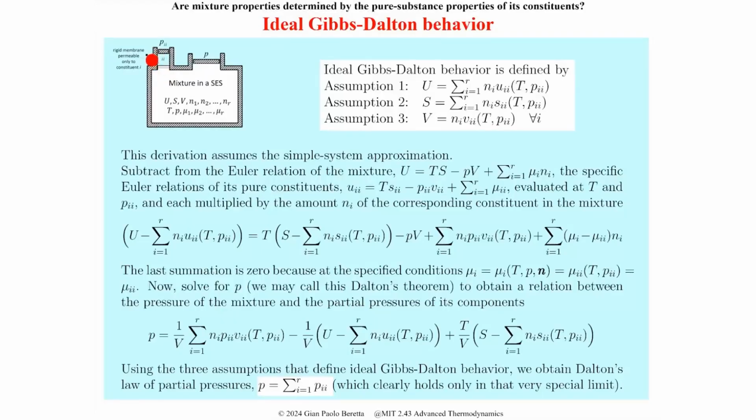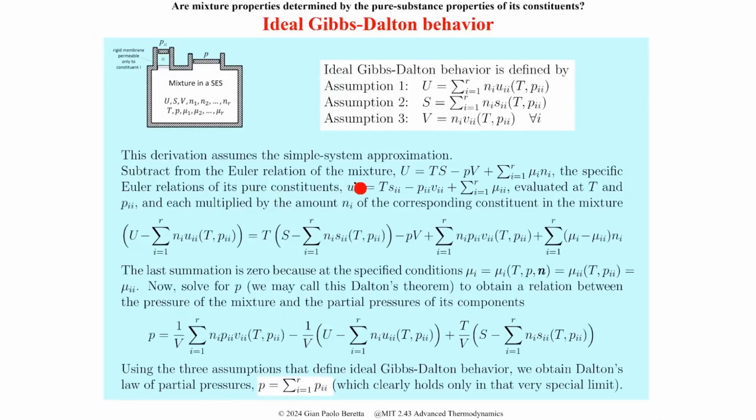So they are at the same temperature as the mixture, but at the partial pressure. Okay. So these U_i here, I'm not writing the explicit dependence, are to be evaluated at T and partial pressure.